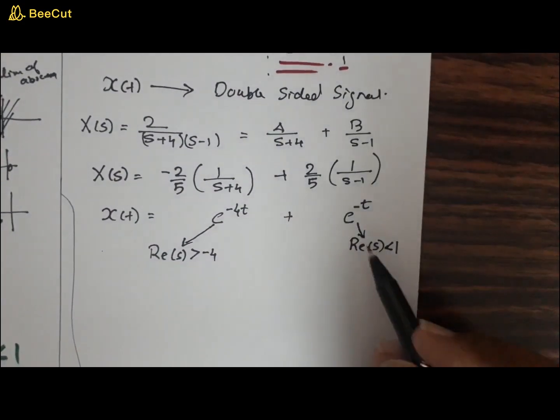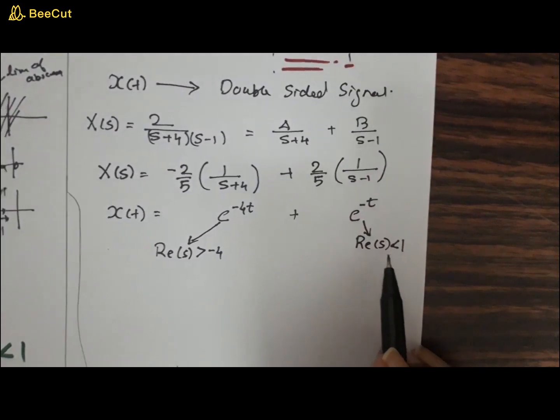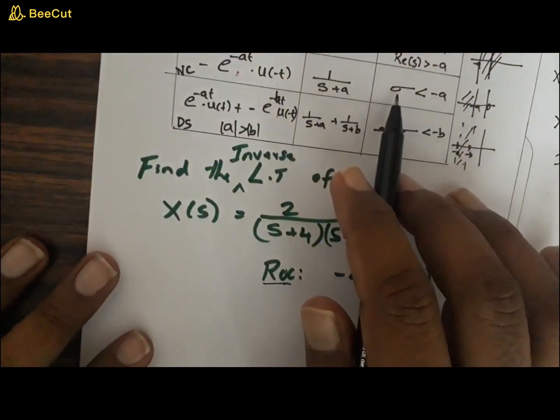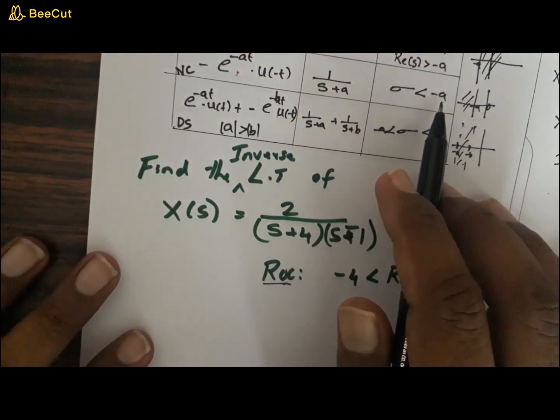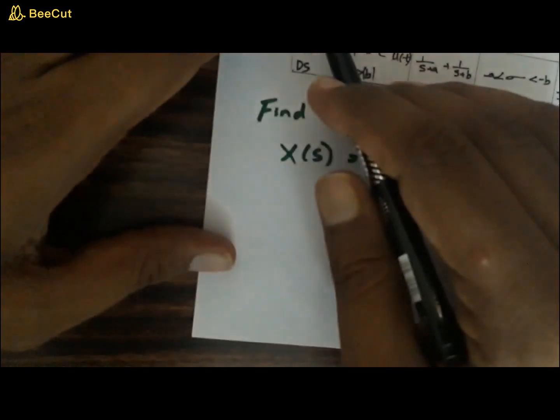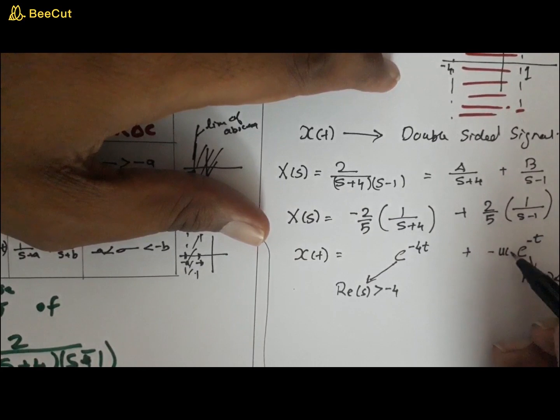So this is corresponding to e raised to minus t and Re of s is less than 1, that is sigma less than a value, which will be a non-causal signal. So how will you make a non-causal signal? Here e raised to minus t is converted into a non-causal signal by putting a minus into u of minus t. That means you must put here minus into u of minus t, right?